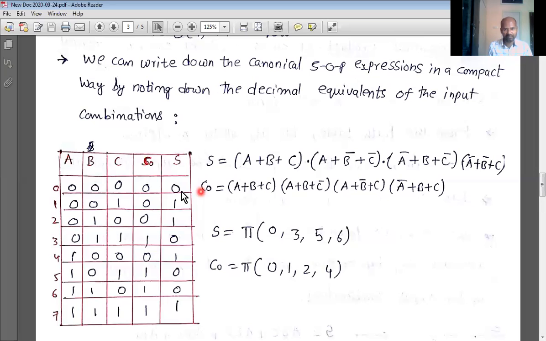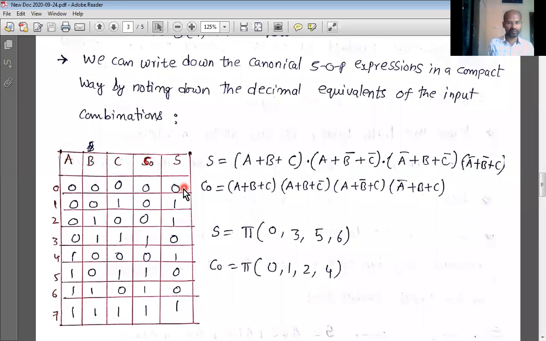Now what we have to do in order to get canonical product of sums is identify the false maxterms. False maxterms means the input combinations for which the output becomes 0, not 1. Here we have a 0, here we have a 0, here also, and here also. For 4 combinations, the output is 0.